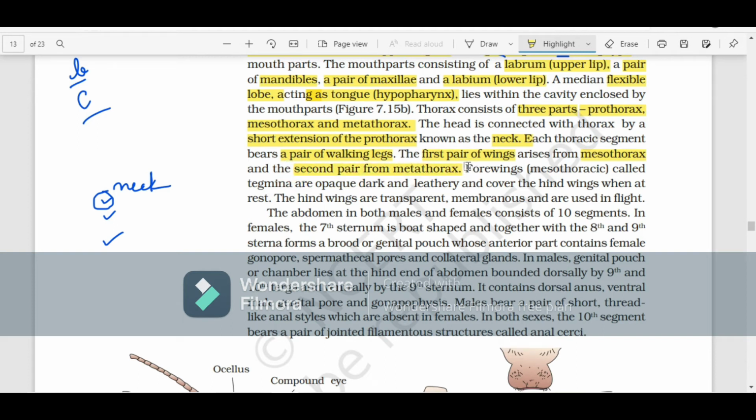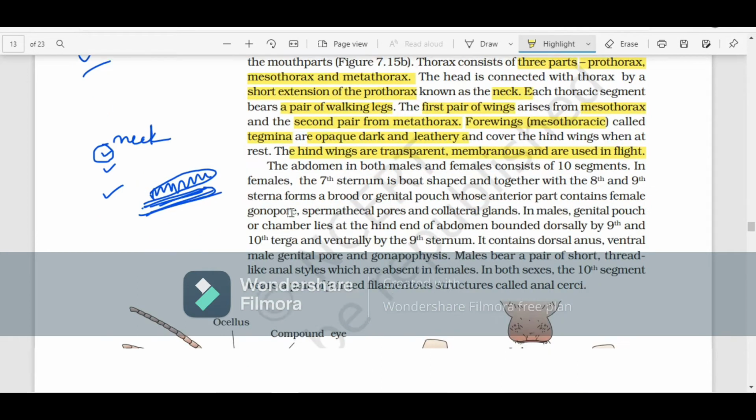The mesothoracic wings are called tegmina. They are opaque, dark, and leathery. This is important: they cover the hind wings when at rest. When they are not moving, the forewings just cover the hind wings on top. The hind wings are transparent and membranous, and are used in flight.